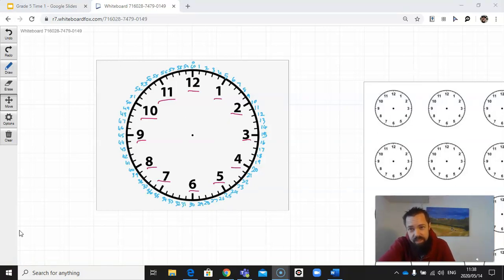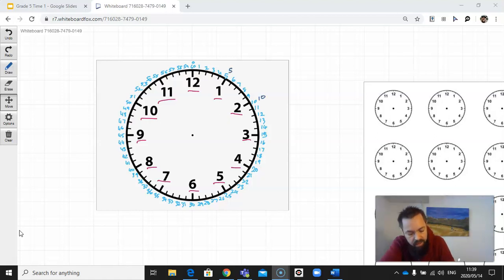There are 60 seconds or 60 minutes in an hour, 60 seconds in a minute, and 0 and 60 are the same number, or the same spot on the clock there at the 12. Now, for what we're doing today, I'm going to avoid using the very, very small numbers, all of those ones in between. But what I am going to do is just look at where the hours are and notice that they're in the 5 times table.